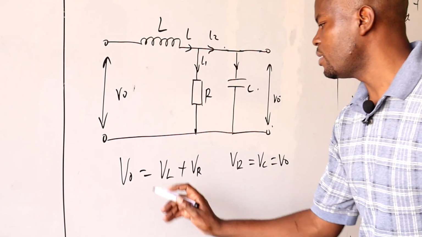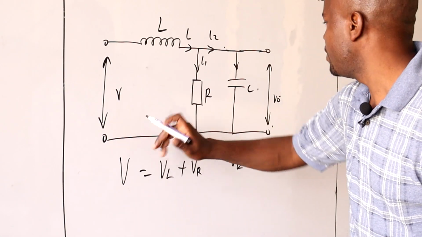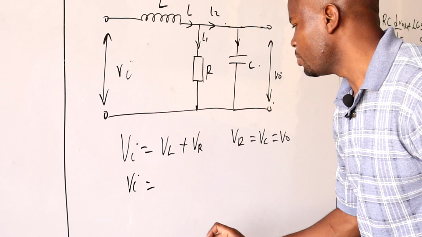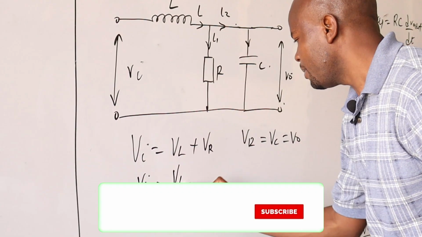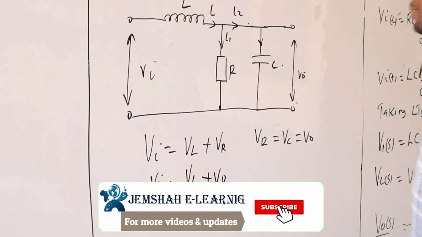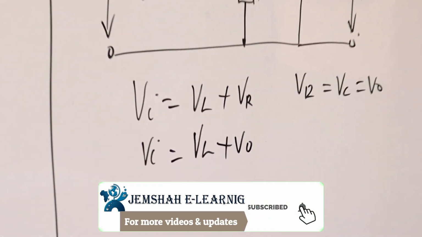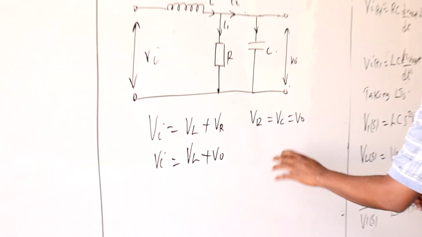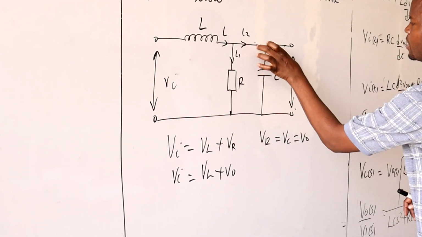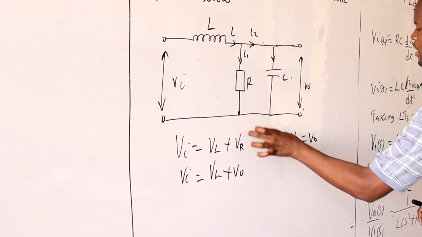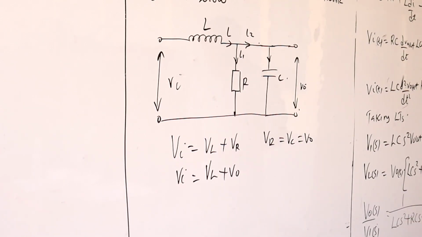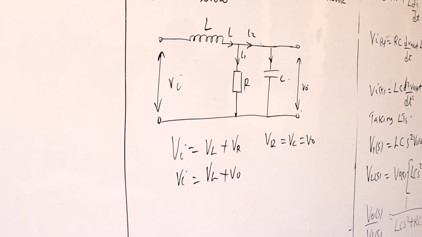Therefore we can simply say, not VI, this should be VI, VI is given by VL plus V out. Because this is parallel, VC is the same as VR and also the same as the V out.